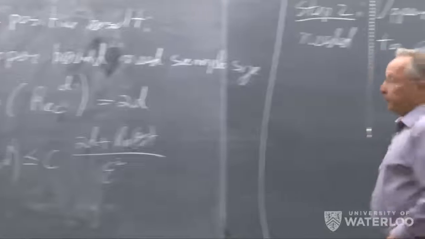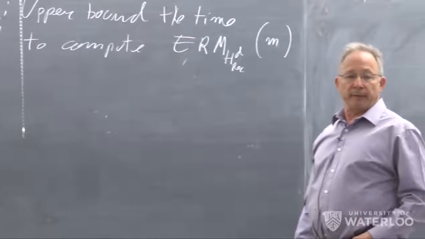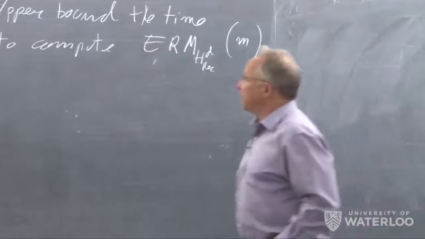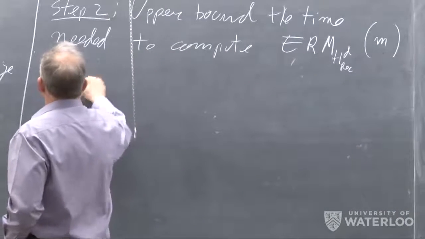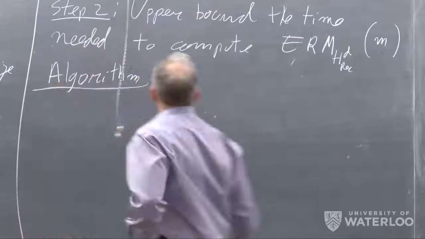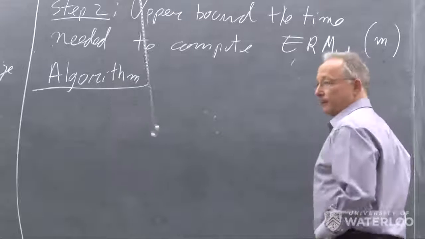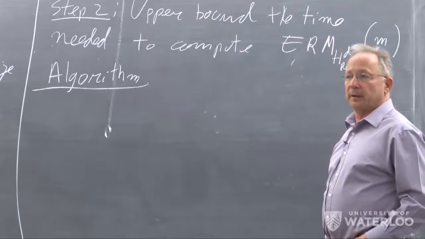Okay? So now, in order to do this, we have to propose an algorithm and analyze the runtime of the algorithm. So this was the algorithm that we suggested. So here is an algorithm for just carrying out this task. And the algorithm does as follows.